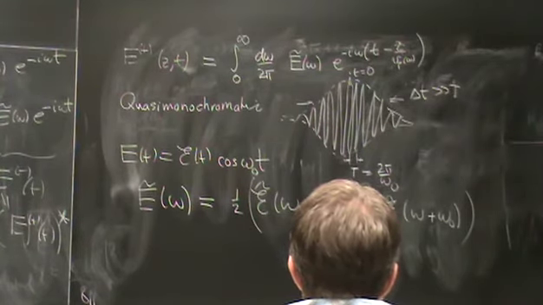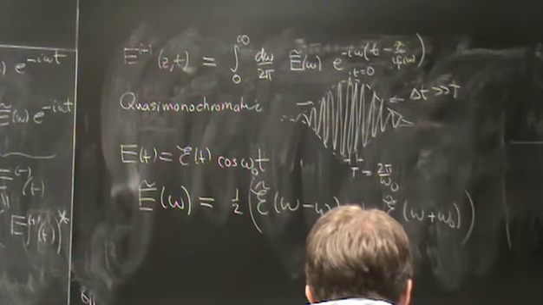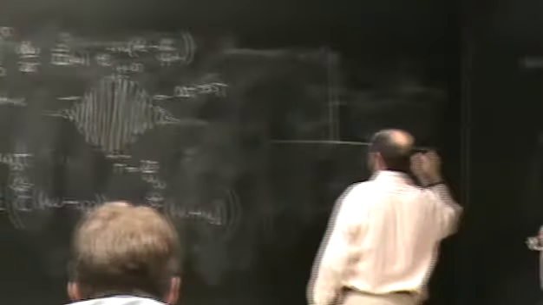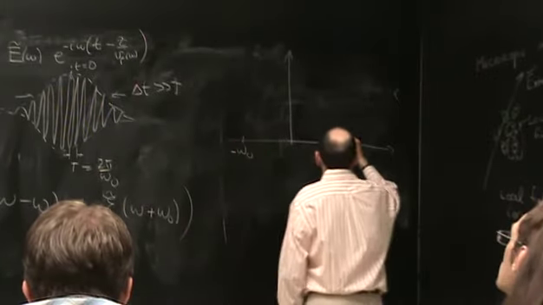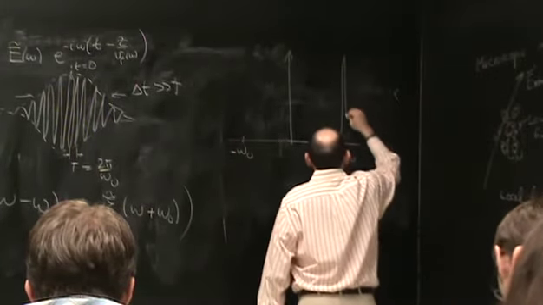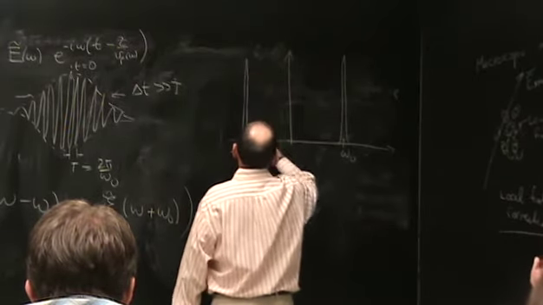If I were to sketch this Fourier transform, it would have one peak centered at positive frequency omega naught and one peak centered at minus omega naught, with a width which is narrow compared to omega naught under the assumption of monochromaticity.